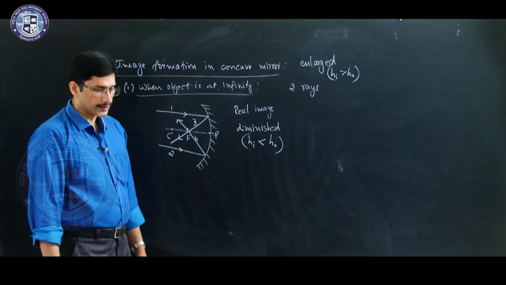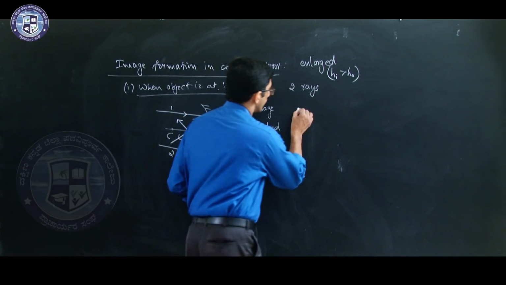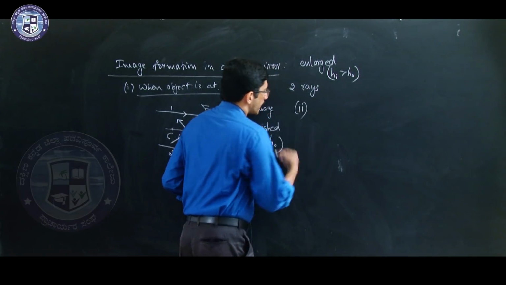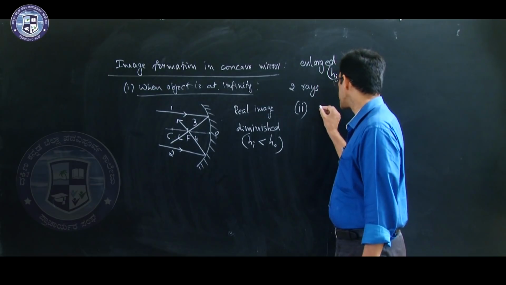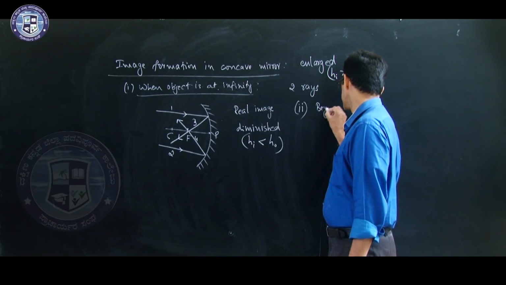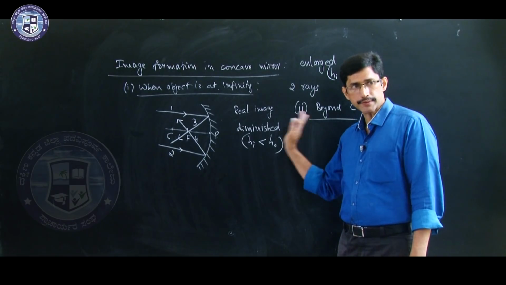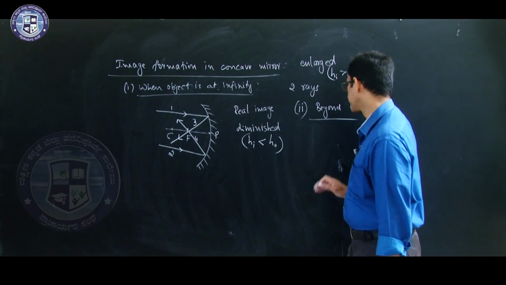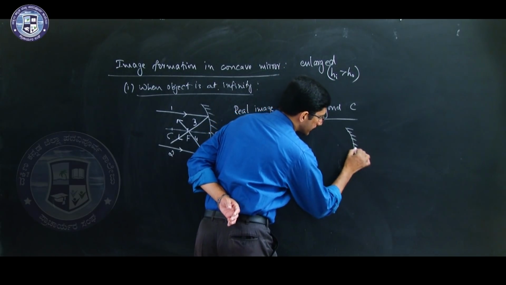So, that is one ray diagram for the object at infinity, and the second position of the object is beyond C, beyond the center of curvature, but at a particular distance. So, we will consider the concave mirror.